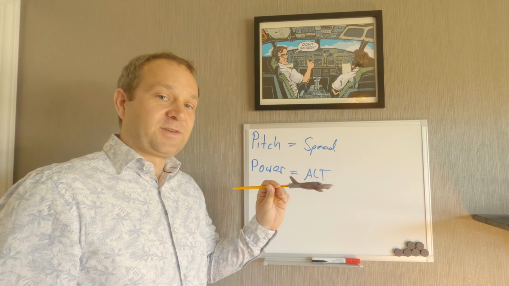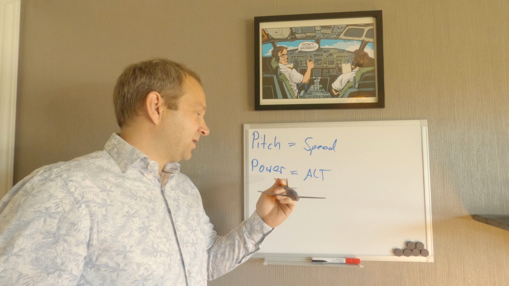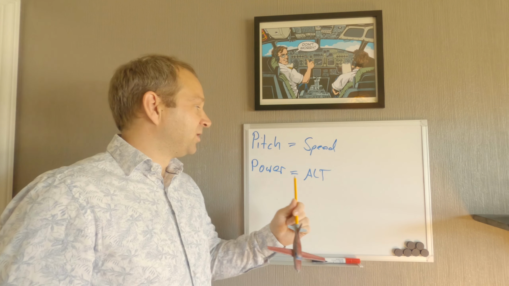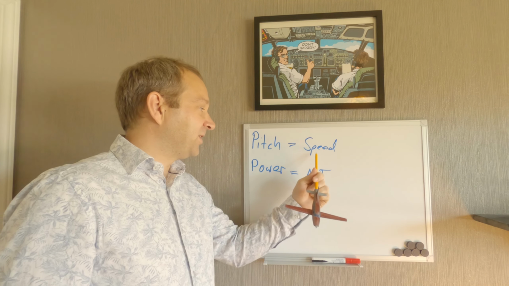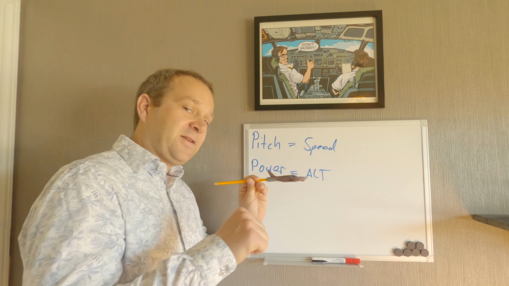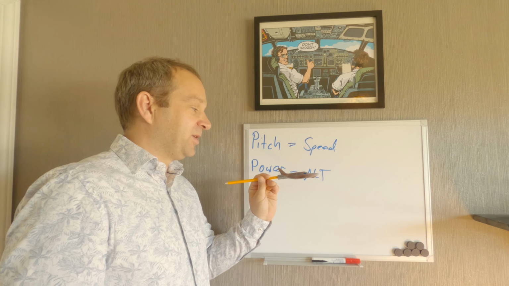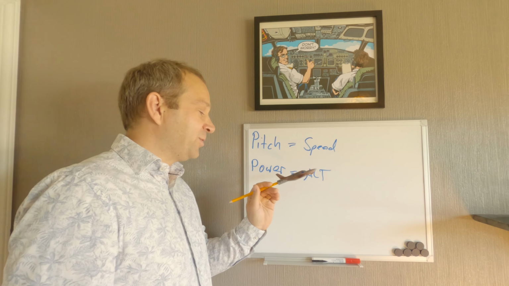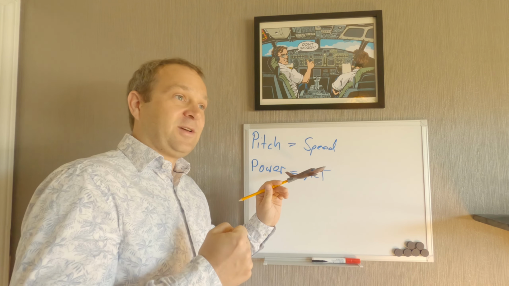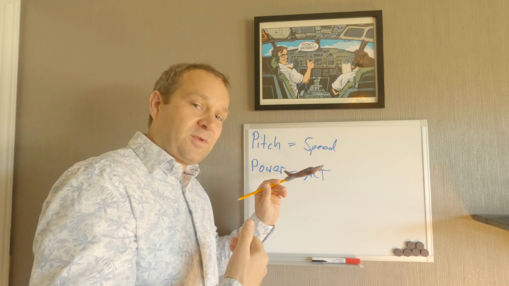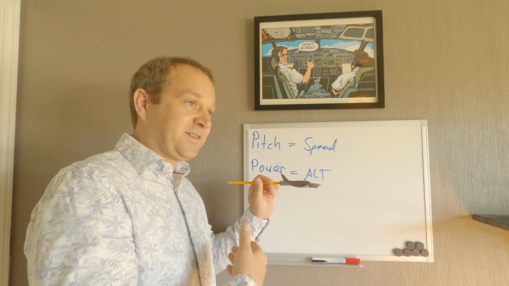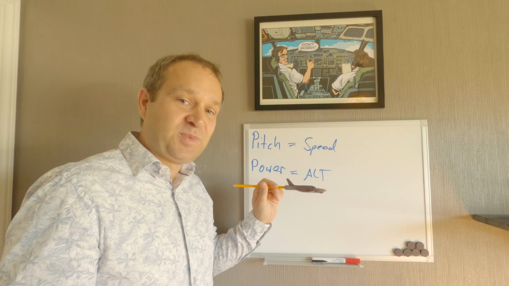So what you're doing is you're just adding power, which means adding altitude, and then you are converting it with the pitch into speed. It means you add power, the airplane right away starts to climb, but you just override by pushing the stick forward and converting your excessive climb energy into speed.